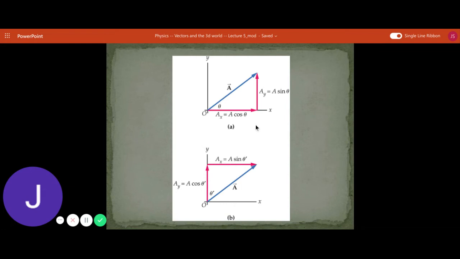So let's look at this vector A. Notice I could think of it in terms of this acute angle. Its x component is A cosine theta, and its y component is A sine theta. But if I reverse the angle, if I use the angle up here, theta prime, which would be equivalent to this side, which they're showing here, notice that the y component becomes cosine and the x component becomes sine. You have to be careful what angle you're using.